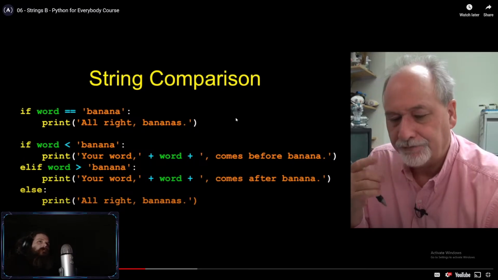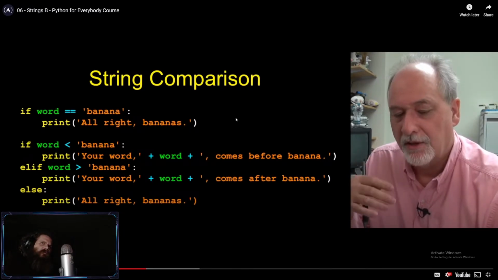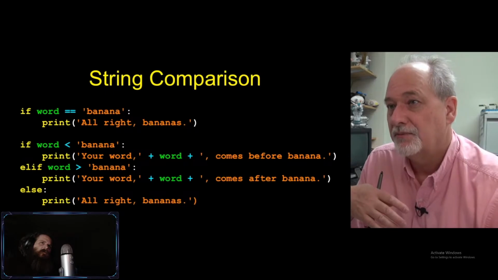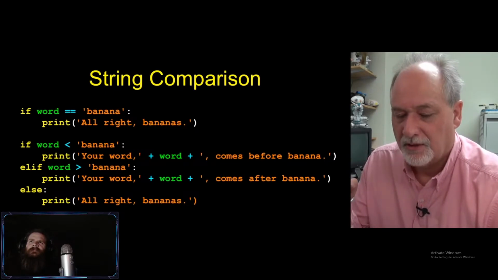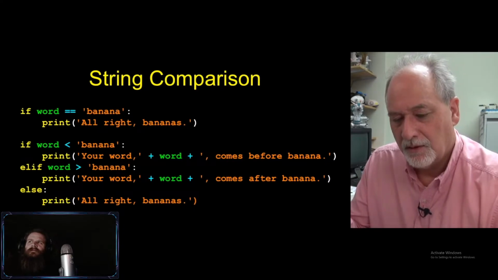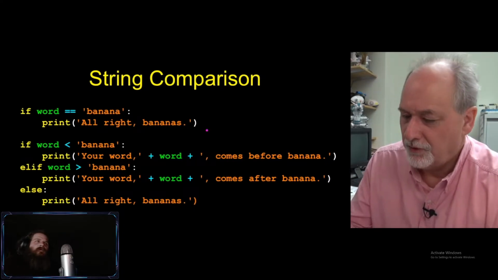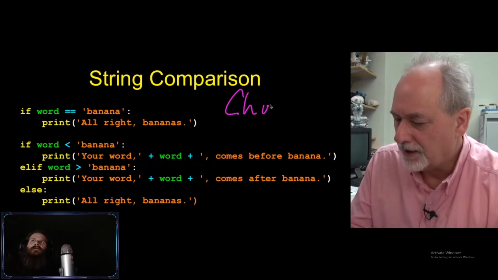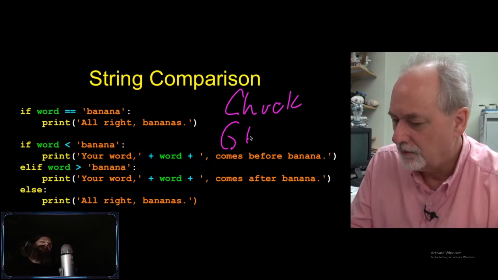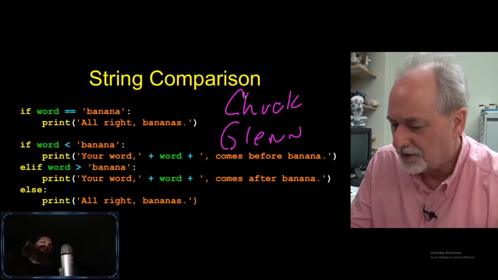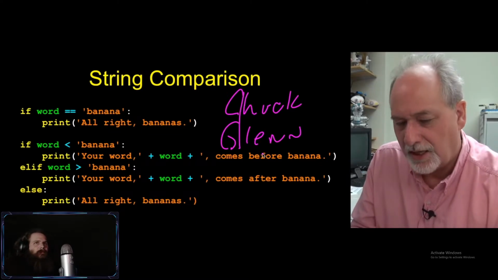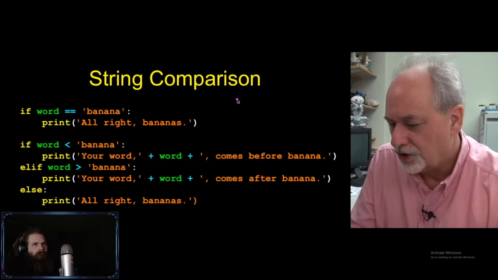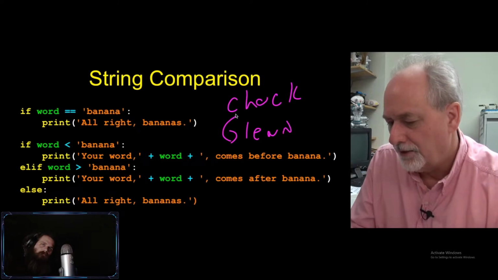It's something you just play with and figure out. If you're doing sorting by first name and last name, as long as the case is kind of the same, it works. If you were sorting Chuck with an uppercase and Glenn, these uppercases would sort right, but if you had lowercase chuck and uppercase Glenn, then that would sort weird.